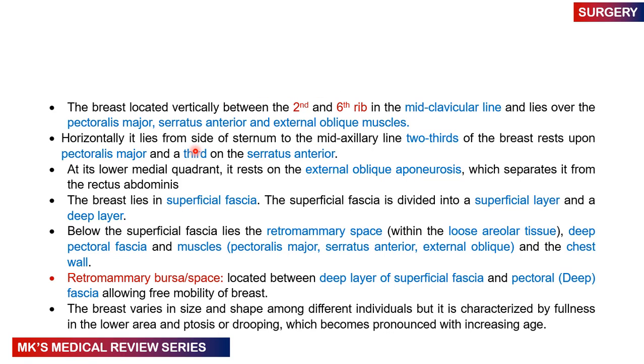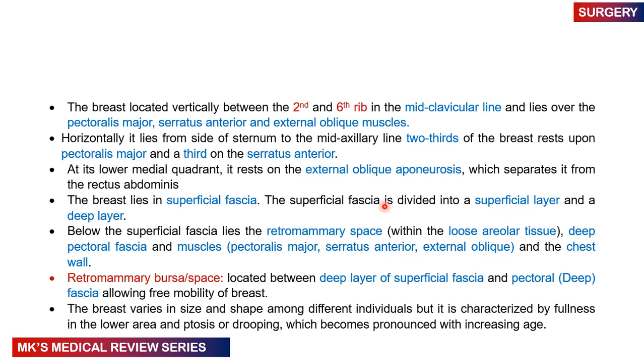Then the lower medial quadrant is going to be resting on the external oblique aponeurosis, which of course separates it from the rectus abdominis. So the breast is going to be lying in the superficial fascia, and remember that the superficial fascia is going to be divided into a superficial layer and a deep layer. So below the superficial fascia lies a space which is known as the retromammary space.